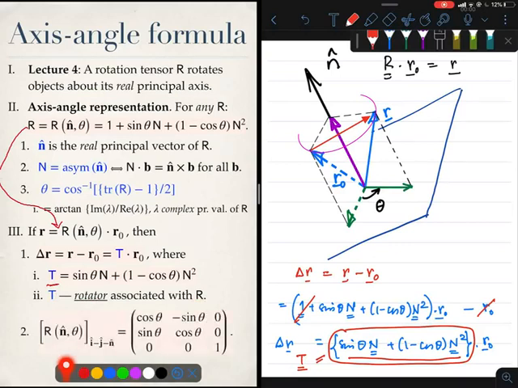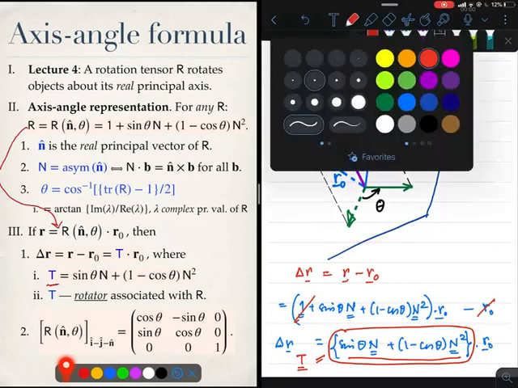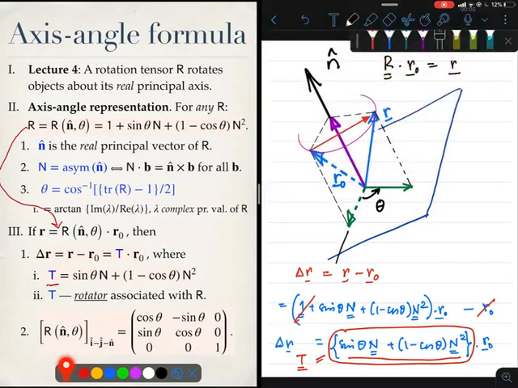One more comment. In this picture, I had suggested that we could draw a unit vector along the projection of r0 in the invariant plane.